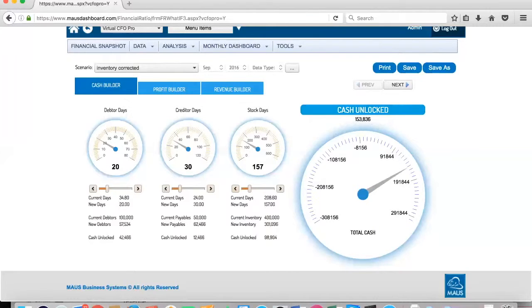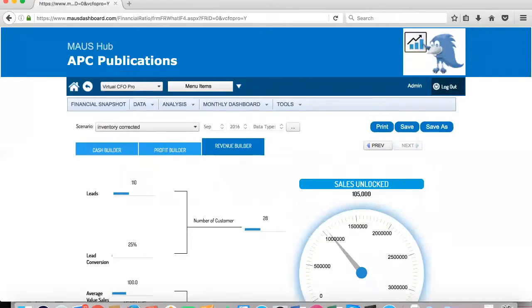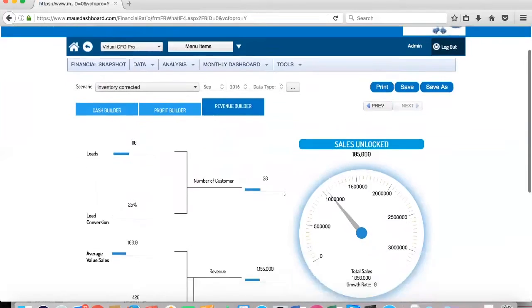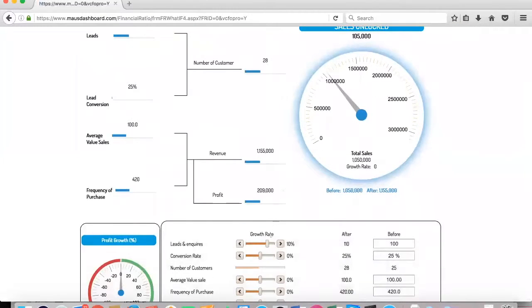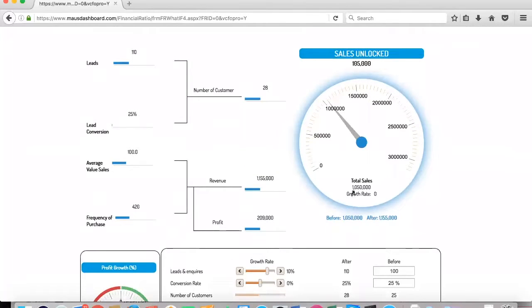And now let's talk about the revenue. And this is where we can really think about what we can do to improve this. So we had a million, as we saw before. We really want to do that. And there's a lot of components we can do that on. We have the leads.